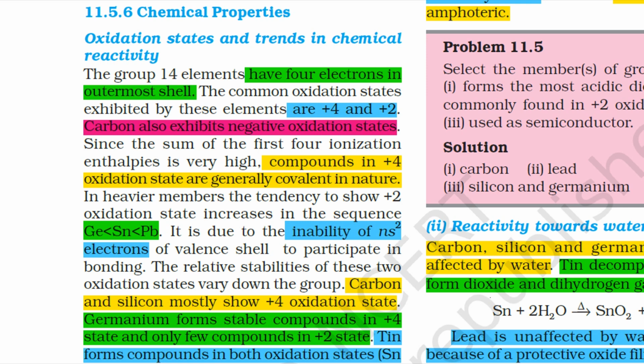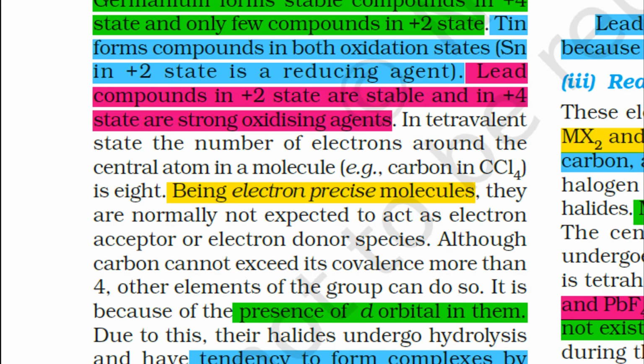Now pay attention very closely. Next two lines are very important. These two lines connect this chapter to redox reaction. I already explained once before this type of concept in boron family. So let's see here also. Tin forms compounds in both oxidation states. Tin in +2 oxidation state is a reducing agent. So tin in +2 state is a reducing agent. That means it will reduce others in a chemical reaction and itself undergo oxidation.